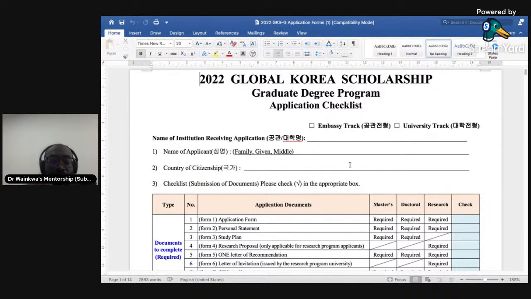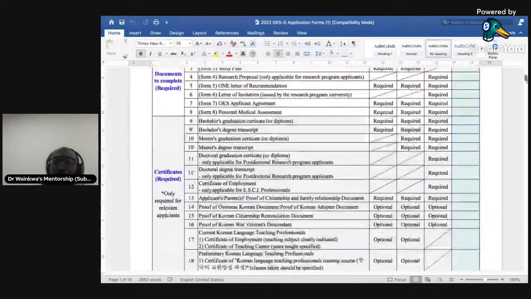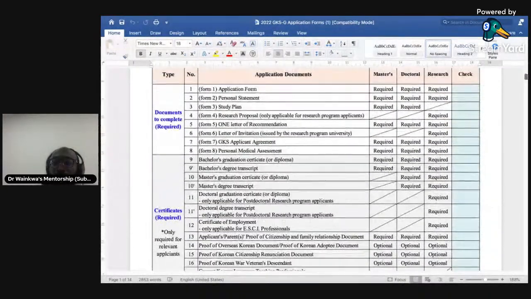The Global Korean Scholarship is usually launched in February, or ending February, and sometimes applicants face difficulties on how to apply. Usually it's not because they don't know, but because there is so much you need to prepare before you apply.